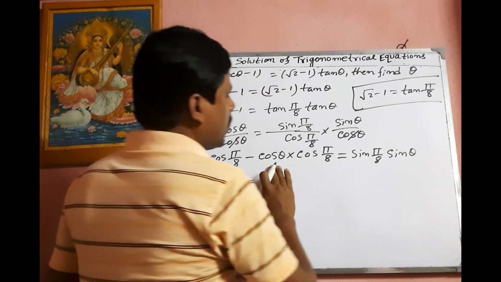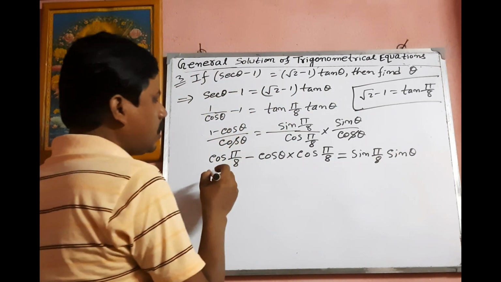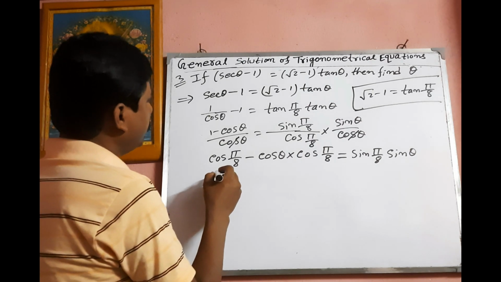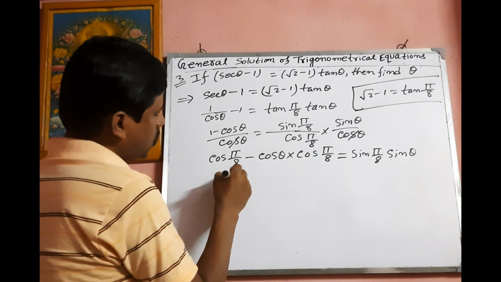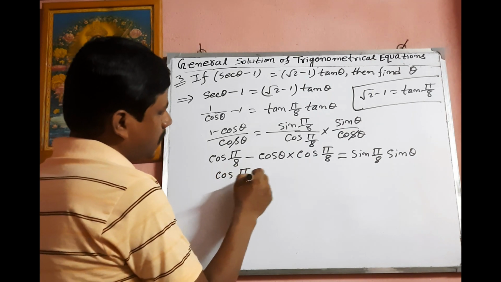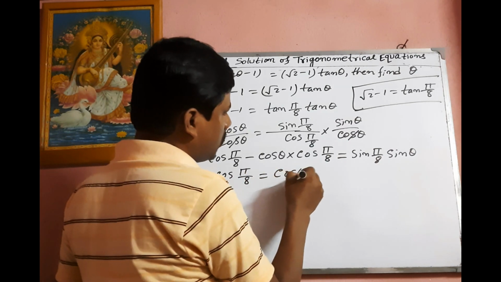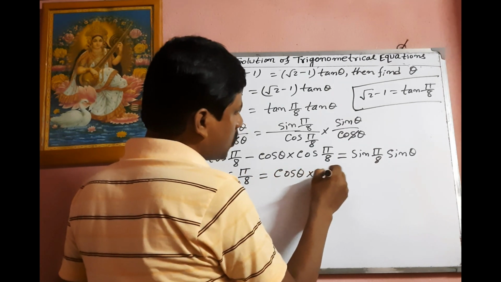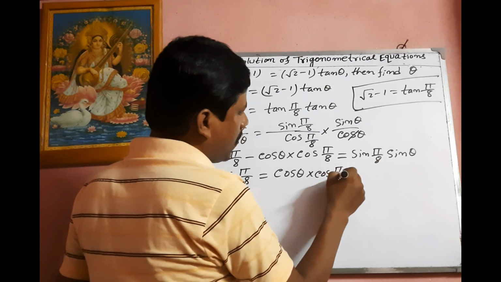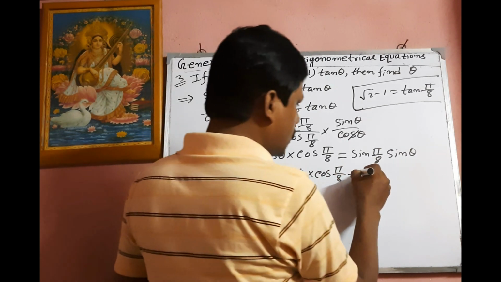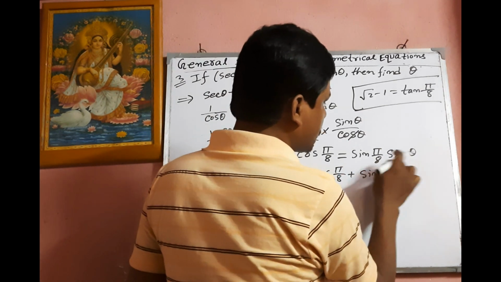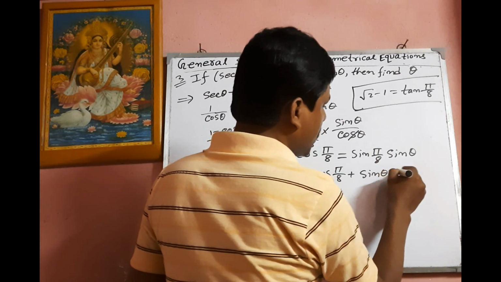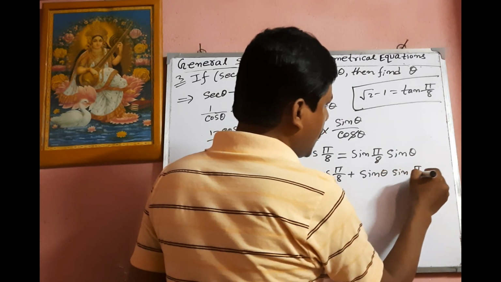If we shift this here, then we get cos of pi by 8 is equal to cos of theta into cos of pi by 8 plus sin of theta into sin of pi by 8, arranging it.